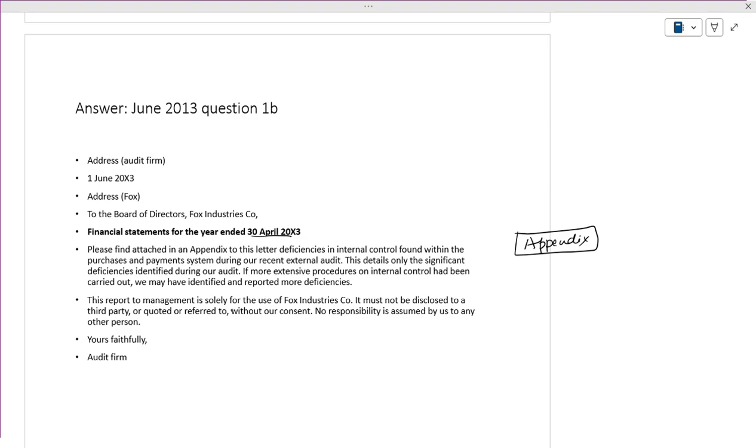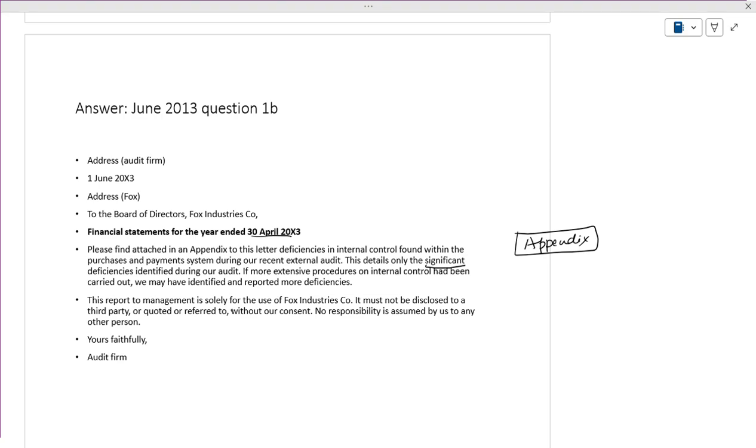Only significant deficiencies. I told you in the examination they will ask about significant deficiencies. A deficiency means only one; a significant deficiency means it is interrelated, with a multiple effect.